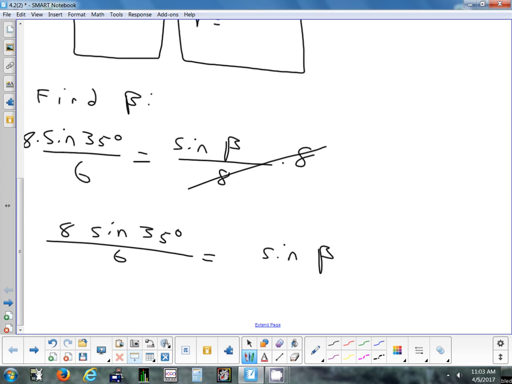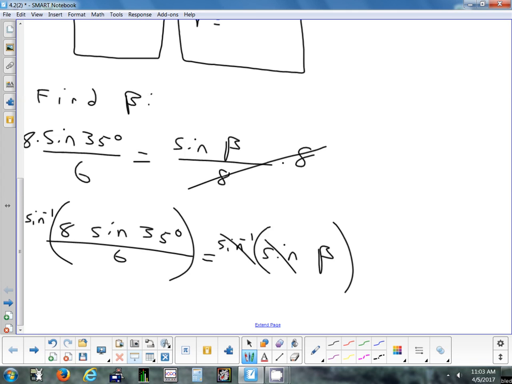But remember, we just want beta. So what do we do to get rid of sine? Yep, we do inverse sine. So if you take the inverse sine of what's on the right, it's going to cancel regular sine and do the same thing on the left. So we'll type that in.